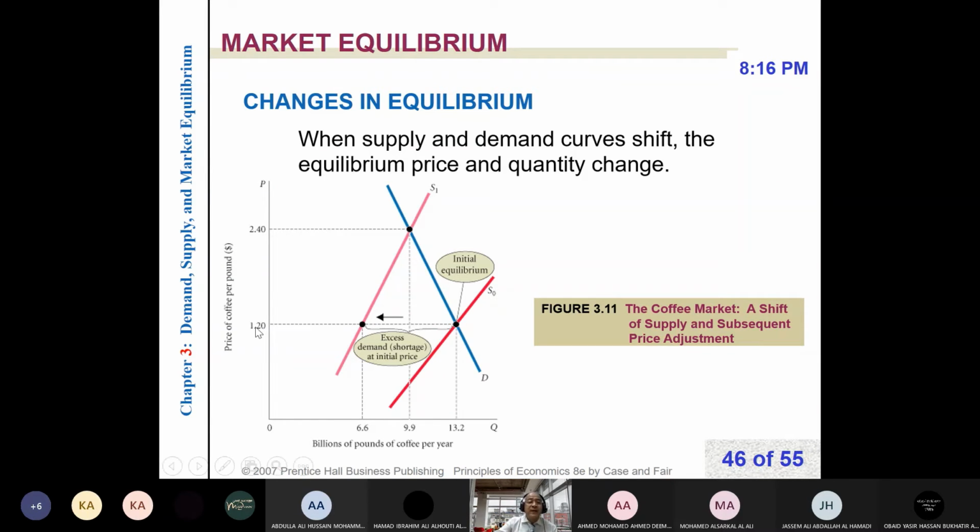The price will increase. As the price increases, the quantity supplied will increase, and the quantity demanded will decrease till we reach 240, 2 dirhams 40 fils. At 240, this is a new equilibrium point. So this is the equilibrium price 240, the equilibrium quantity 9.9.